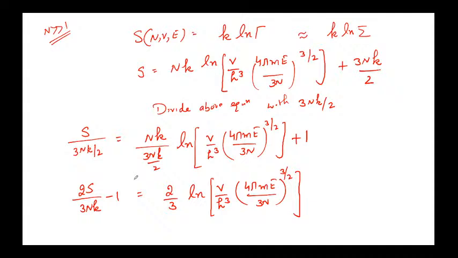If we keep this 2 by 3 as a power, the equation is log of V over h cubed, 4 pi m E over 3n to the power 3 by 2, whole to the power 2 by 3.